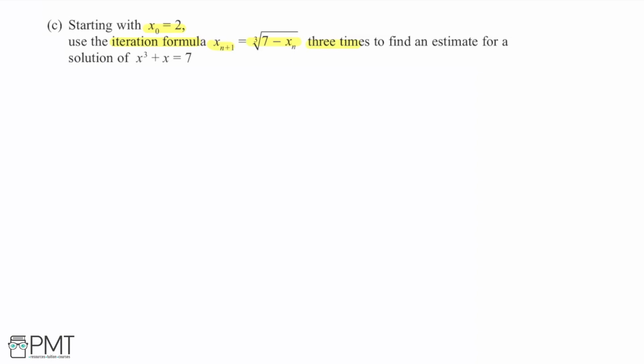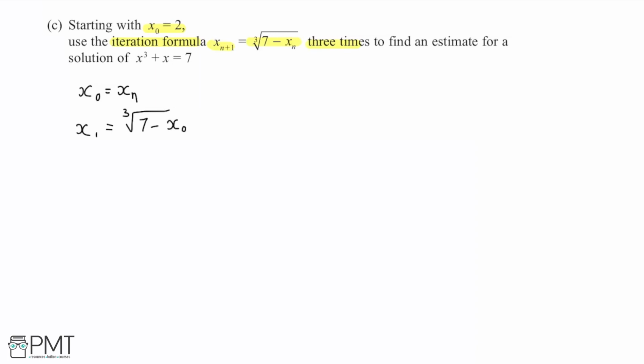So if we let x0 is equal to xn, so we're starting with n is equal to 0, what we do to find x of n plus 1, so 0 plus 1, so x1, is going to be equal to the cubed root of 7 minus xn, which is x0.